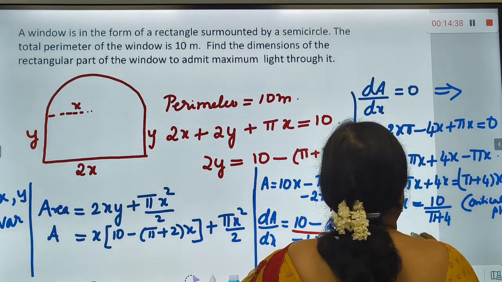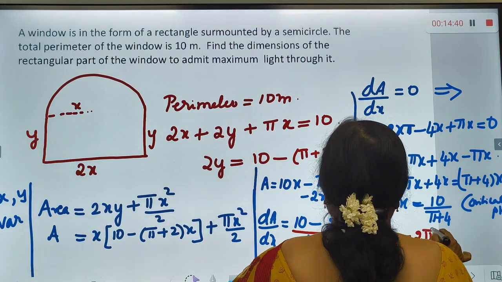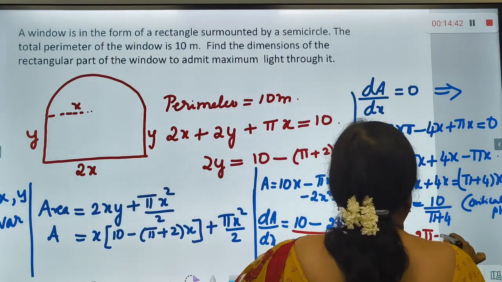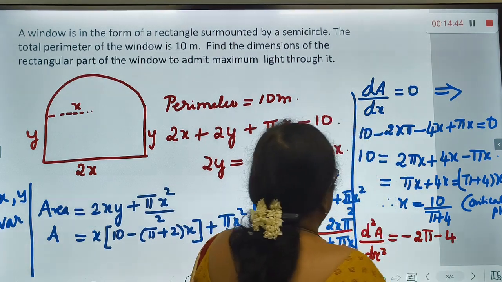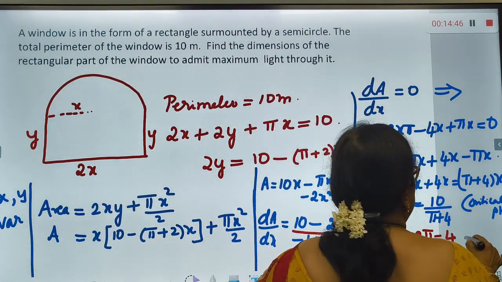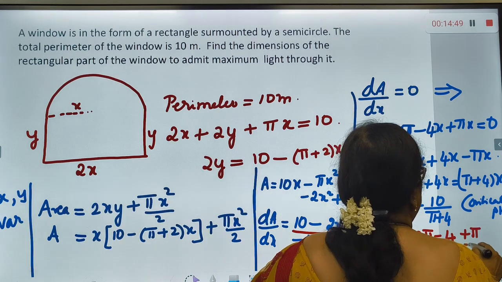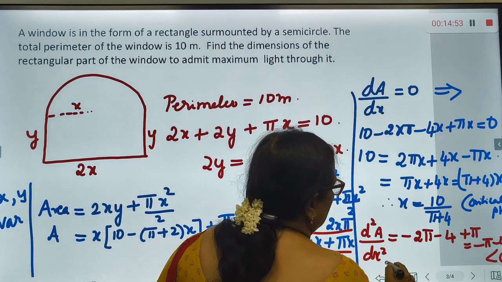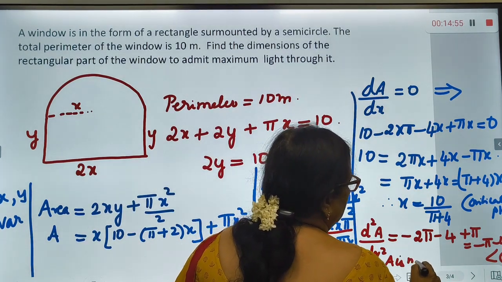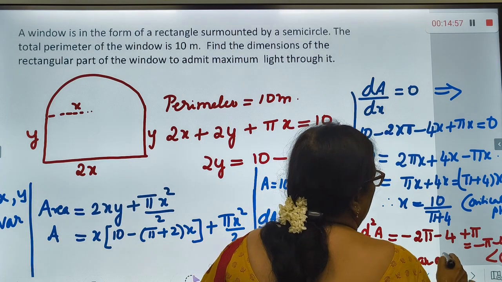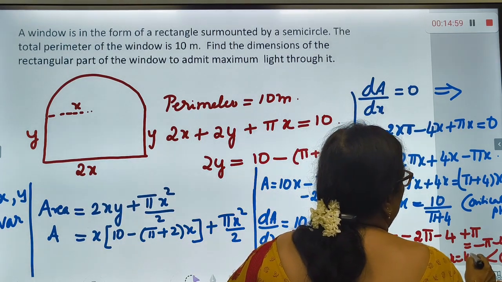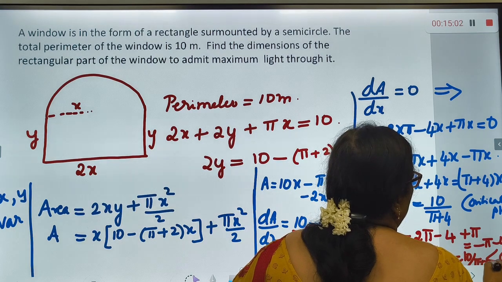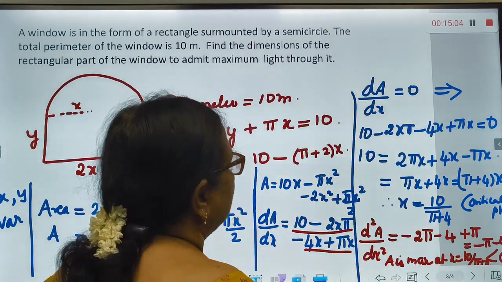Minus 2 pi x will give me minus 2 pi. Minus 4x will give me minus 4. When I differentiate pi x, it will give me plus pi. So this is minus pi minus 4, less than 0. So A is maximum at x equal to 10 by pi plus 4.